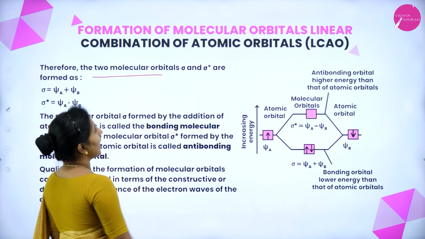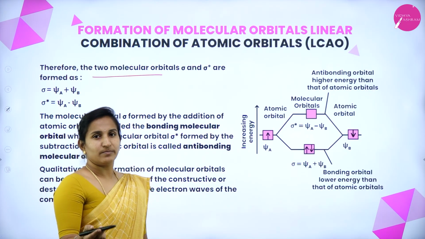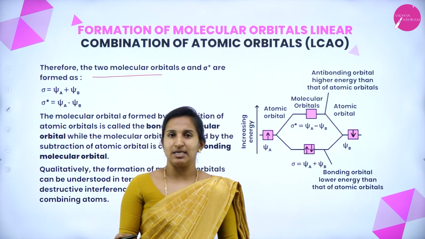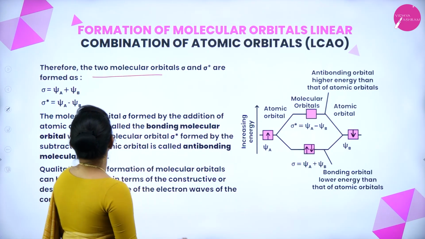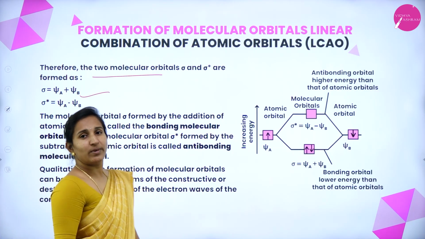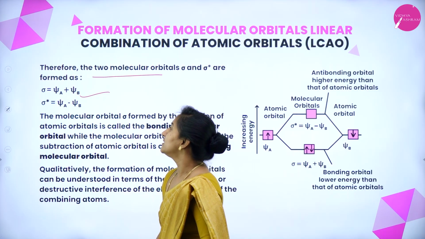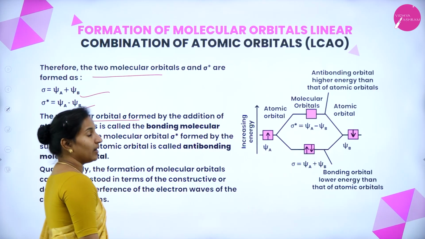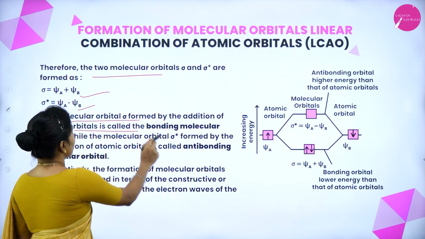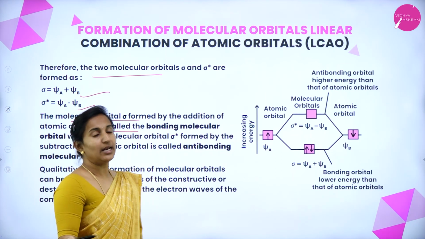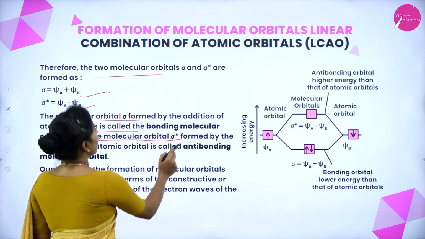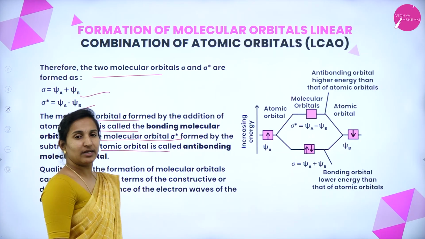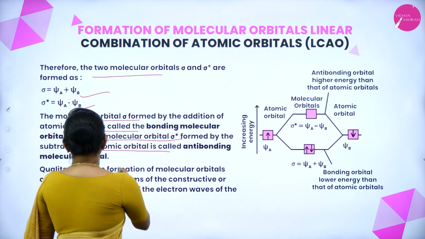Therefore, the two molecular orbitals are sigma and sigma star. Sigma is the bonding molecular orbital and sigma star is the anti-bonding molecular orbital. That is, sigma is psi A plus psi B and sigma star is psi A minus psi B. The molecular orbital sigma, formed by the addition of atomic orbitals, is called the bonding molecular orbital, while the molecular orbital sigma star, formed by the subtraction of atomic orbitals, is the anti-bonding molecular orbital.